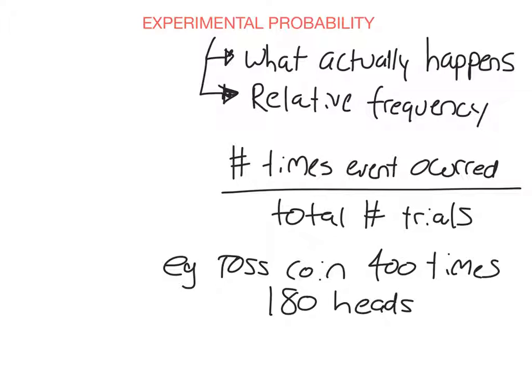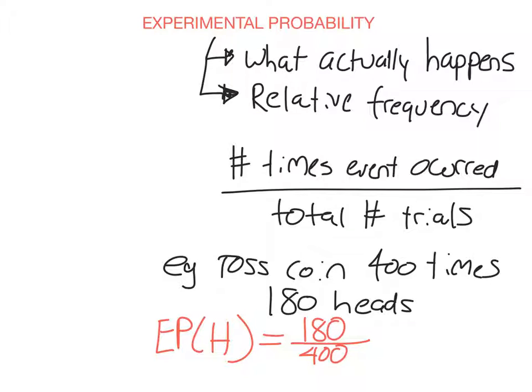But the experimental probability of getting heads is the number of times I got heads divided by the total number of trials. So in this case, it would be 0.45 or 9 over 20. So the theoretical probability is still a half, but the experimental probability is 0.45.